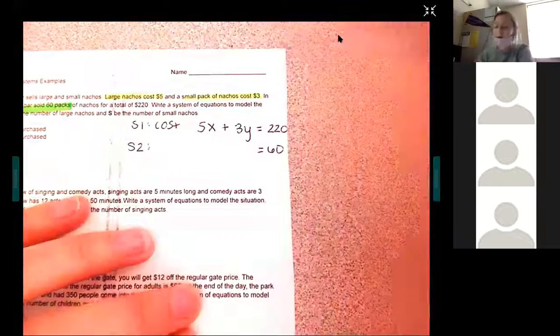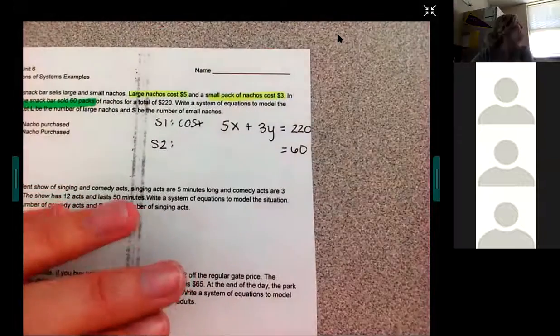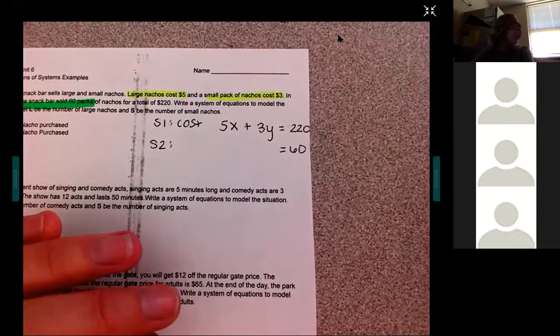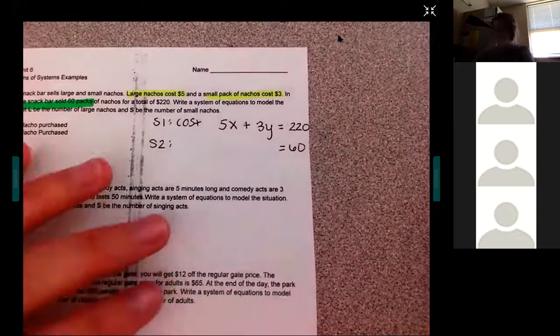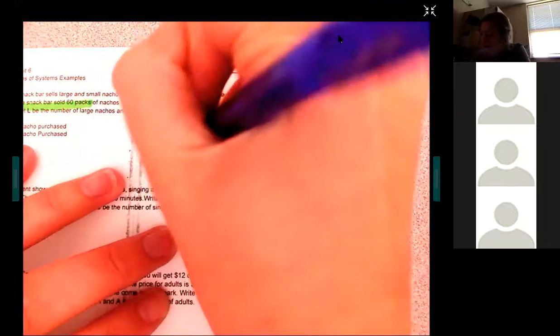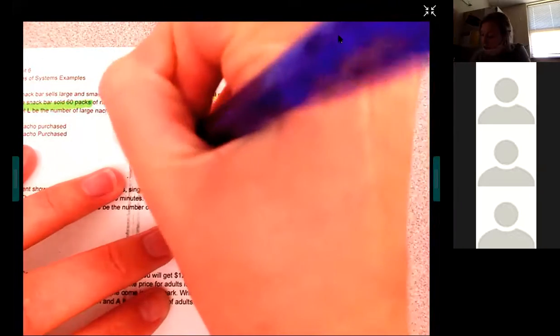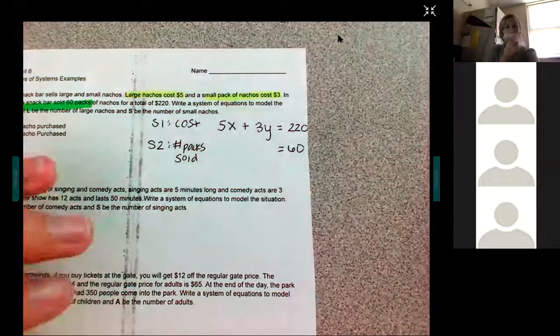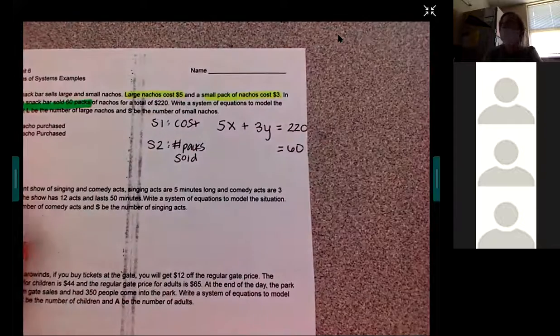What is that second subject? What's that first part talking about? How many packs? Sold, right? So we're talking about the number of packs sold. That is your second subject. Subject 2 is the number of packs sold.